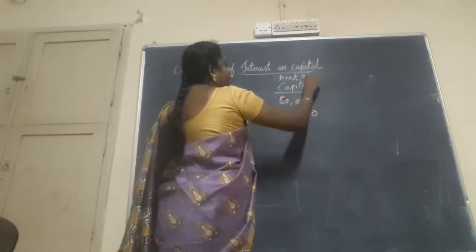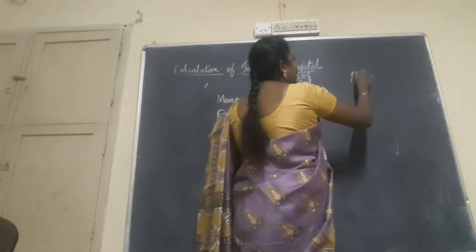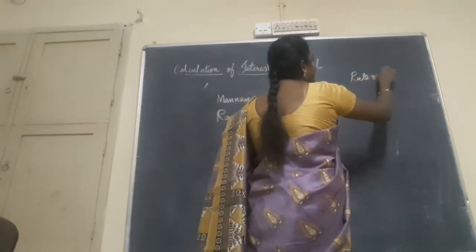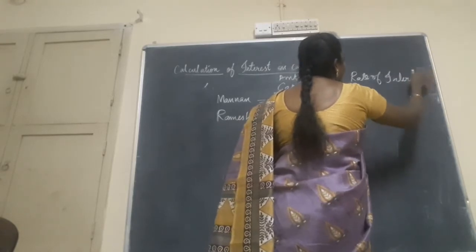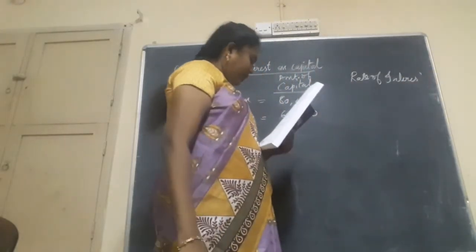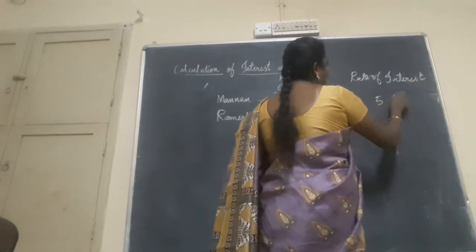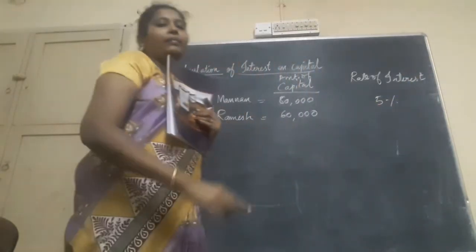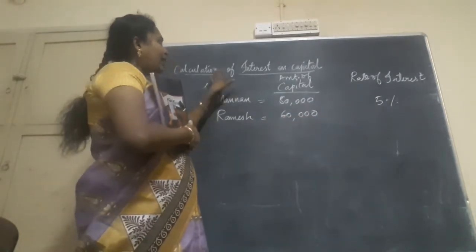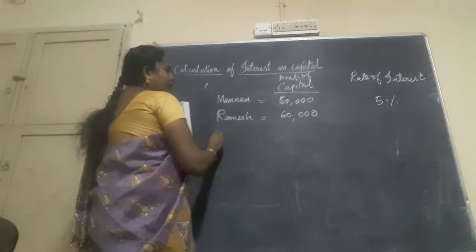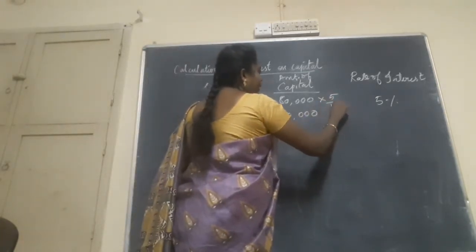Next, rate of return. What is the rate of return? For both of them there is only one thing, rate of interest, which is 5%. For both of them, 5% only. So we are going to calculate the interest on capital. What will we be doing? We have to multiply this into 5 by 100.